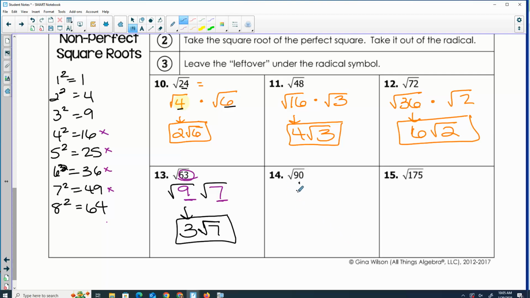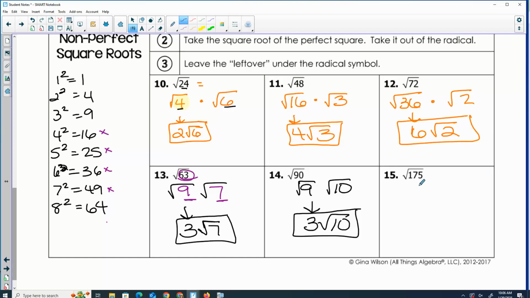90. What could I break it into? 9 times 10. The square root of 9 is 3. 10 is not a perfect square, so it's just 3 square root of 10.